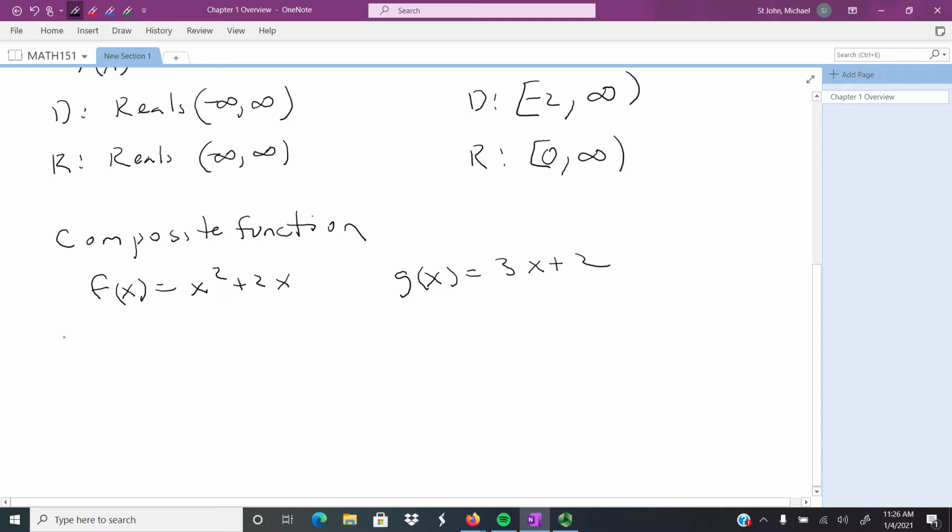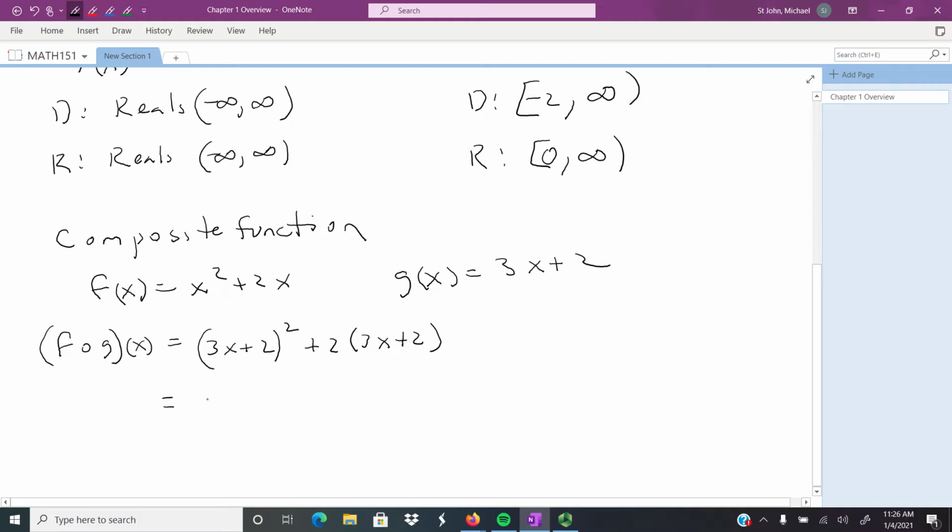And then we could do f of g of x. And remember that meant you started with the f first. Everywhere you saw the x, you plugged in the g of x. So this became (3x plus 2) squared plus 2 times (3x plus 2).